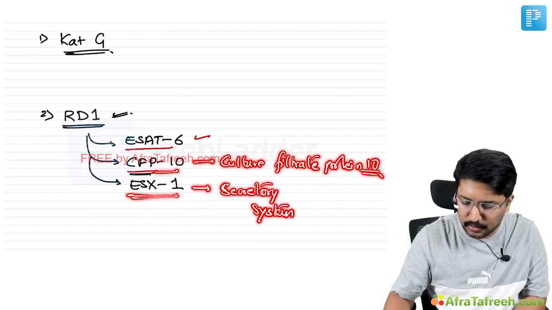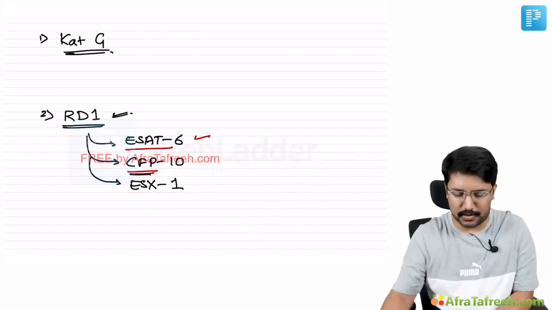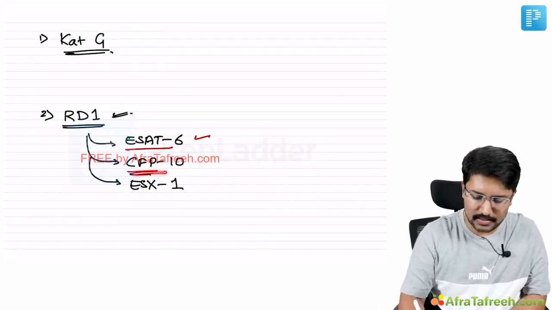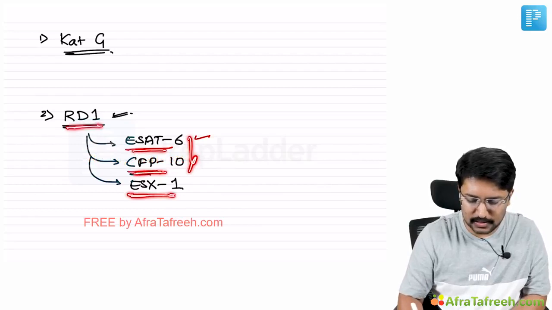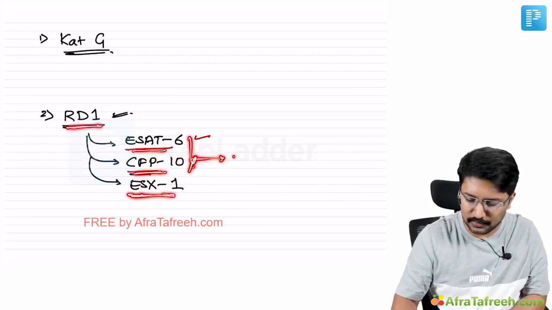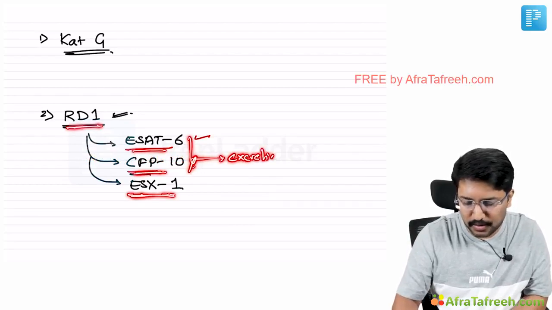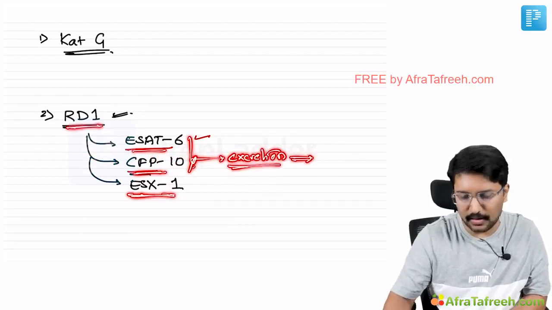Okay, these are very, very important virulence factors. So ESAT6 and CFP10 are produced by this RD1 locus, and ESX1 is a secretory system which actually facilitates excretion or egress of these proteins into the surrounding environment.